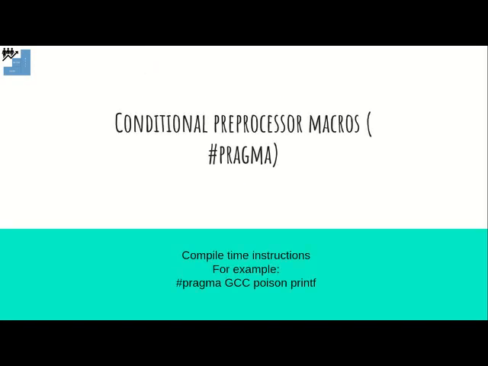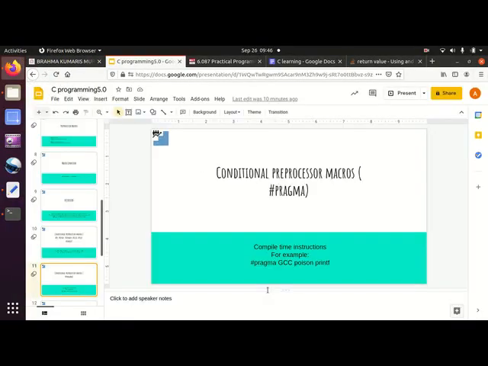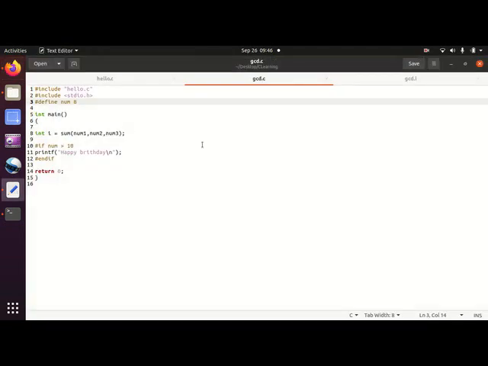What are pragmas? Pragmas are compile time instructions. For example, if you don't want the programmer to use a particular utility after a certain line, you can poison it. So how does it work? We'll copy paste it and use it in code.